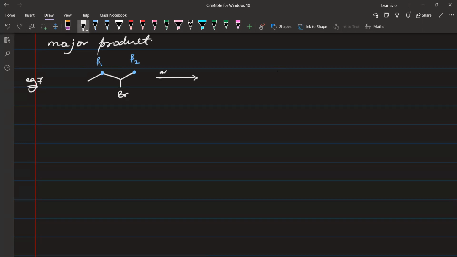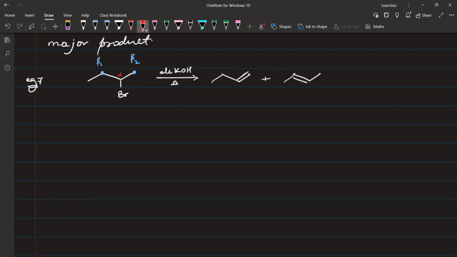So if we are going to have alcoholic KOH with some heat, then we are going to get two products. One product will be like this, plus other product will be like this. Make sense? ये सुनो एक बार. अल्फा कार्बन और बीटा 1 के बीच में डबल बॉन्ड और एक बार अल्फा बीटा 2 के बीच में डबल बॉन्ड. Make sense?